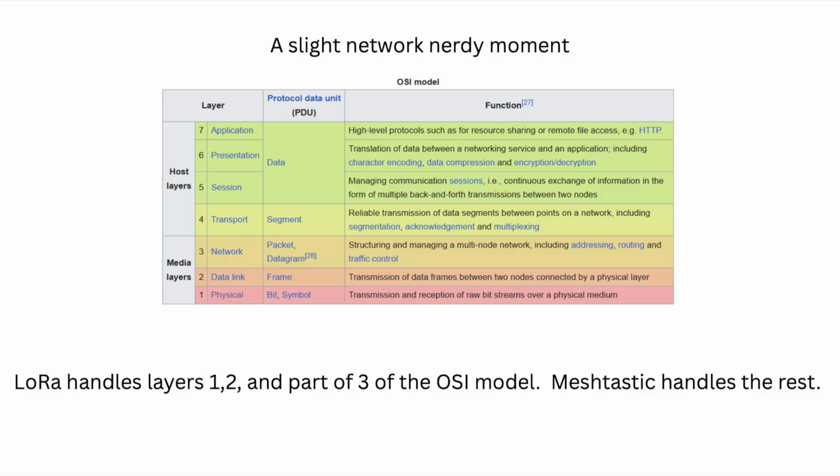And then the Meshtastic application handles the rest of it. That's just for other nerds like me. That's not very important as far as it working, but some people might be interested in that.